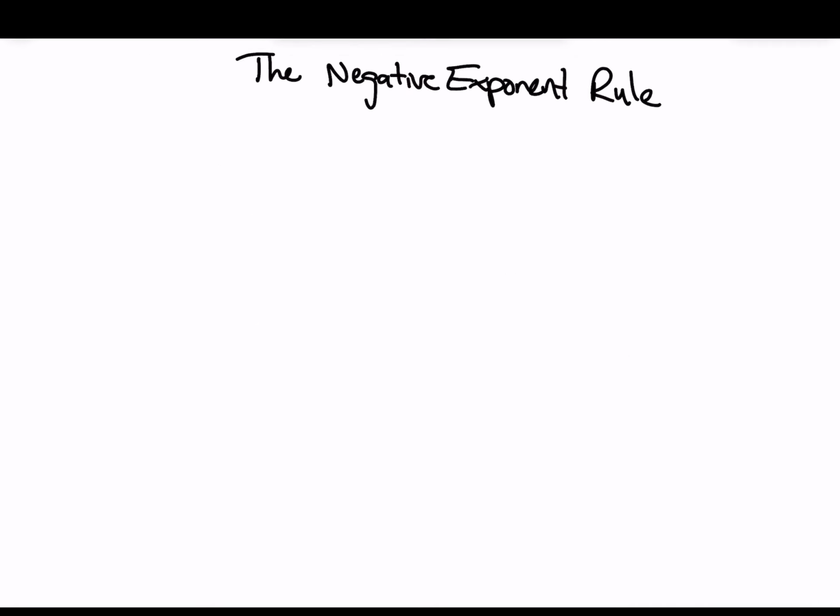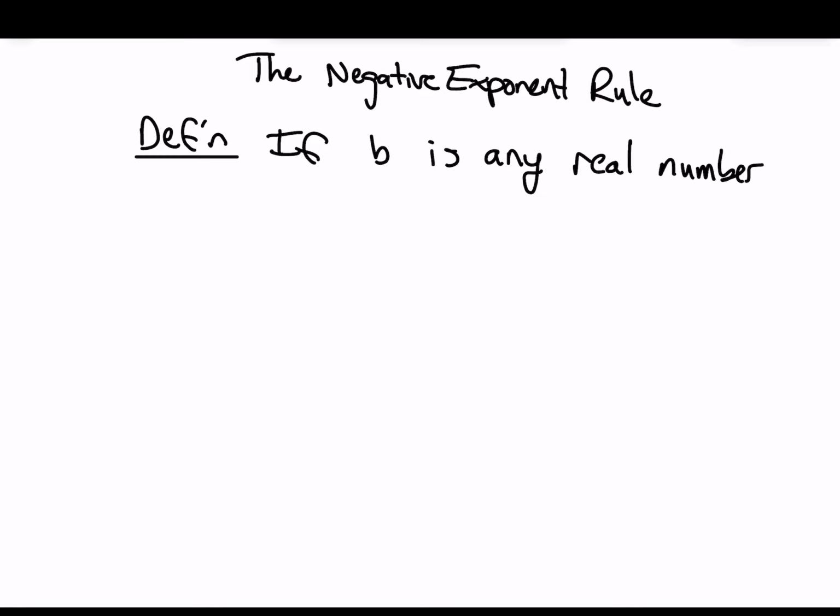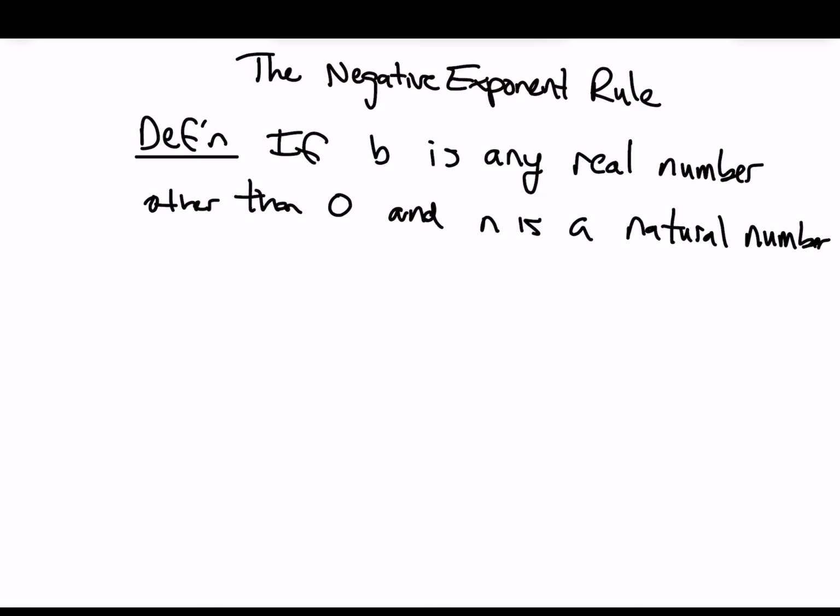The negative exponent rule. So this is a definition. It says that if b is any real number other than 0, and n is a natural number, then b to the negative n power is equal to 1 over b to the n power.